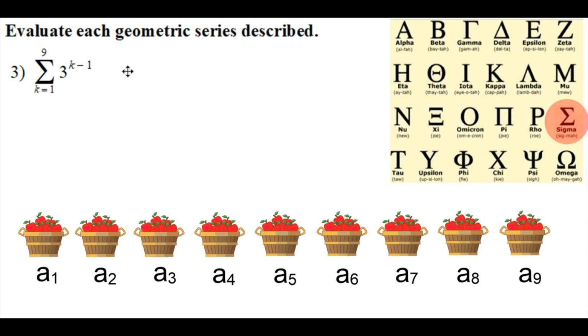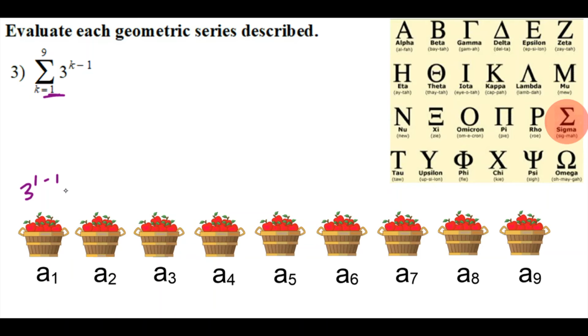So remember, what we're talking about is finding the sum of, in this case, the first 9 terms from 1 to 9. So it's like we're adding up all of these apple baskets. So think about what we're going to do here. We're going to plug in 1. So 3 to the first power minus 1.